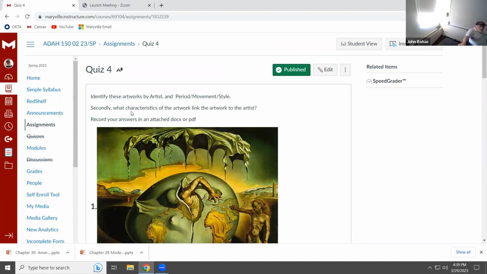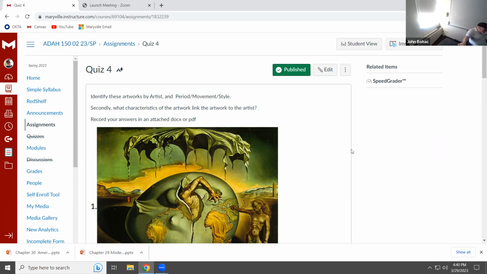Secondly, what are the characteristics of the artwork that link the artwork to the artist? And I want to see if you can articulate that. And bottom line is that those are the same, articulating the words that's going to drive your idea on where to search for this.